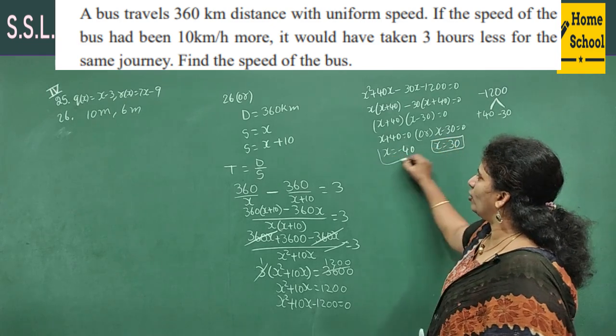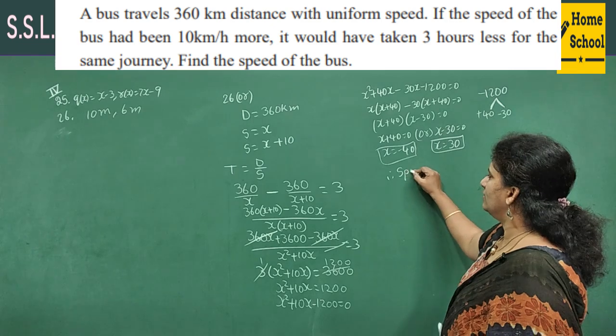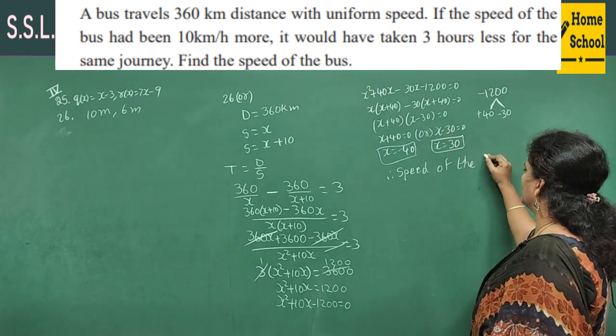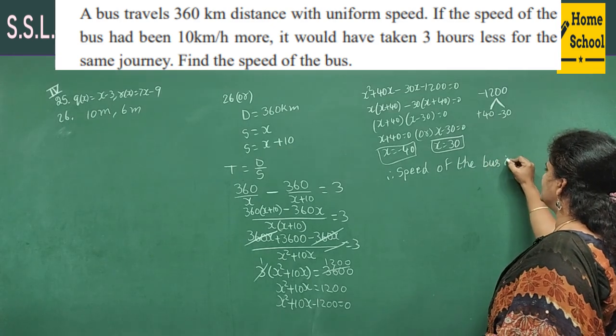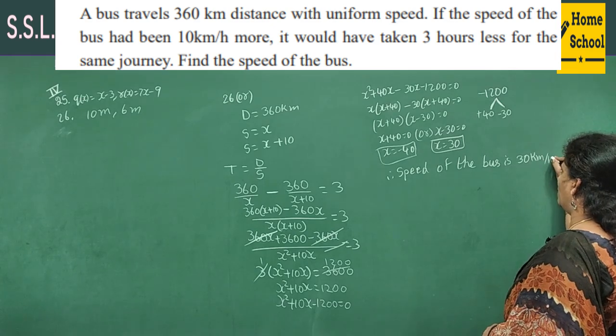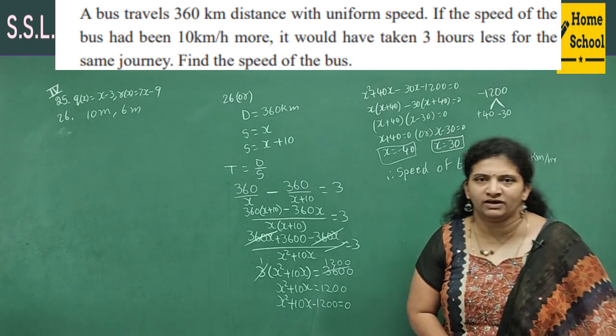See, speed cannot be negative. So what I can say? Therefore, speed of the bus is 30 kilometers per hour. Therefore, the speed of bus is 30 kilometers per hour.